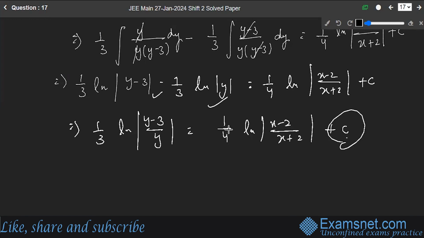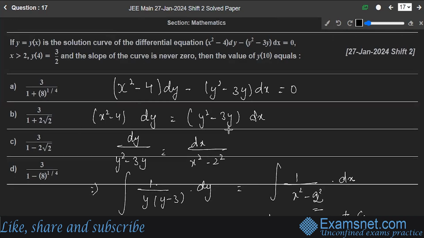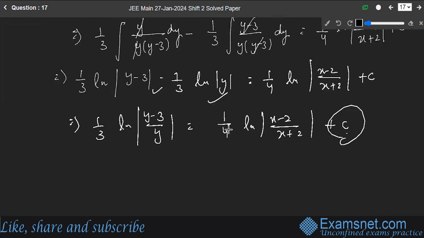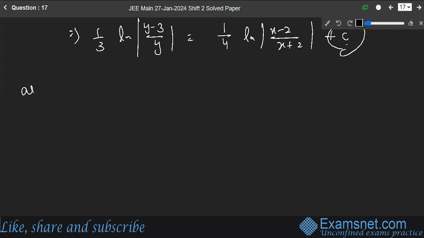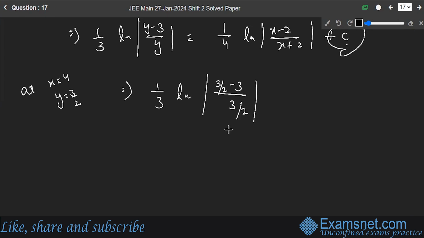Right. Now I want to find out this c. For that, I am given in the question that x is equal to 4, y is equal to 3/2. So let's fill in the values. You have natural log of (3/2 minus 3) upon 3/2 times 1/3 is equal to 1/4 log of (4 minus 2)/(4 plus 2), which is 2 upon 6, plus c.